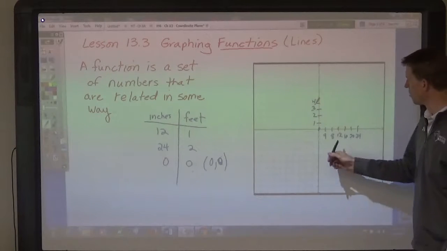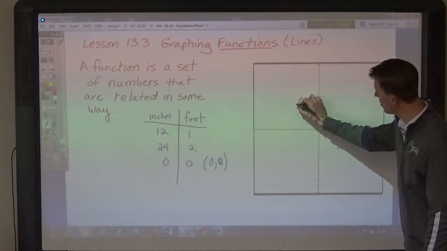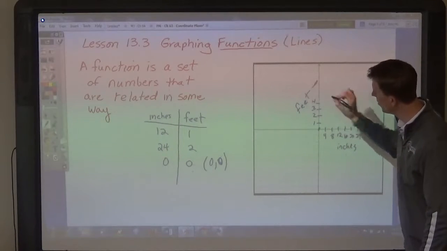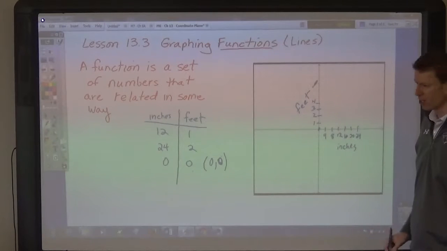Okay? So if this is inches, and this is feet, we can draw a graph of inches and feet.